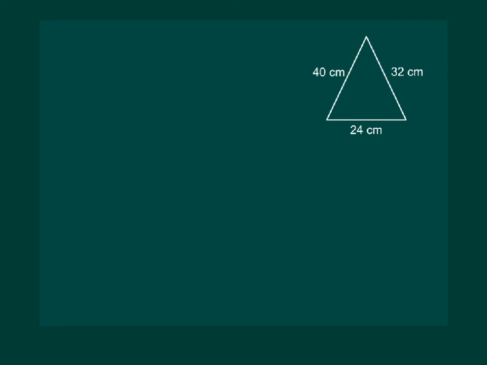Let us take up an example and learn to apply the Heron's formula. Consider the triangle on the screen. Here we have a equal to 40 centimeters, b is 24 centimeters, and c is 32 centimeters.